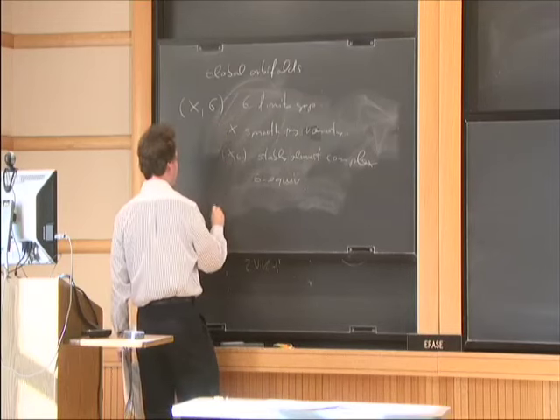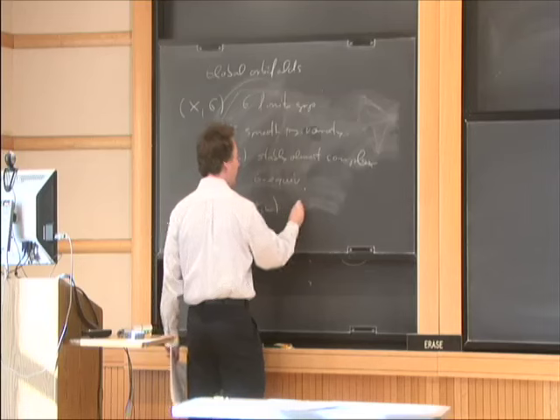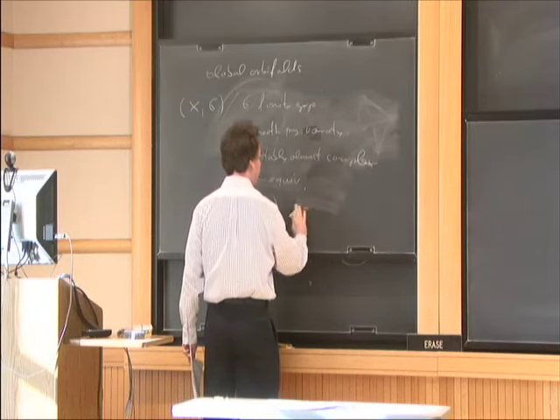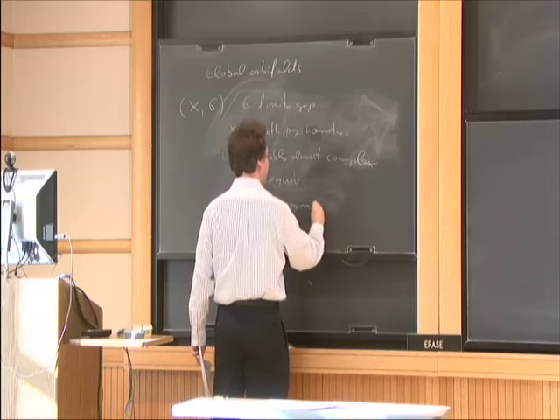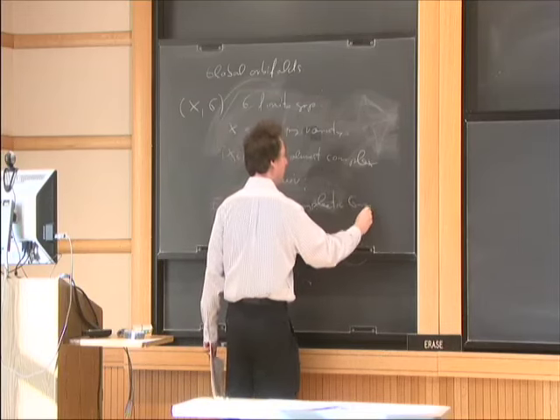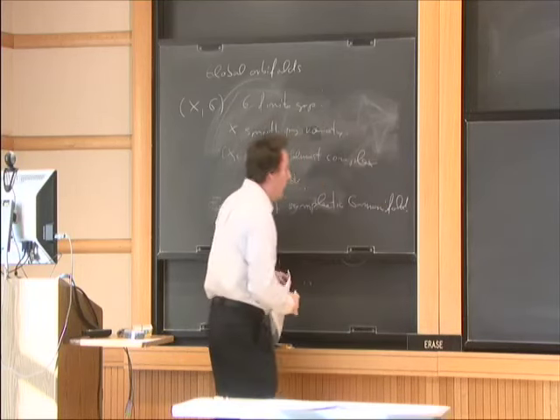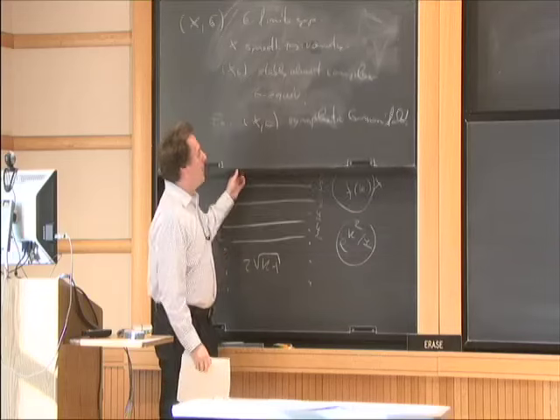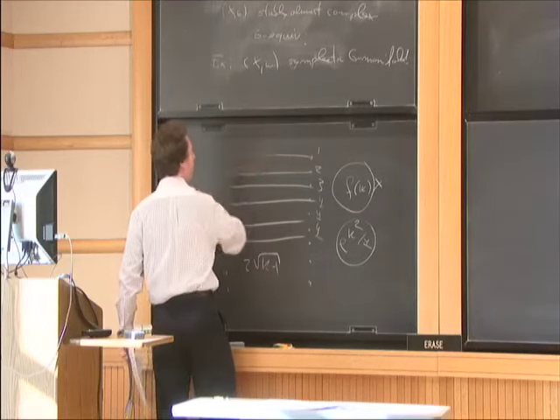An example would be if you had a symplectic manifold which has a G action, so a symplectic G-manifold. So this is what usually the global is.